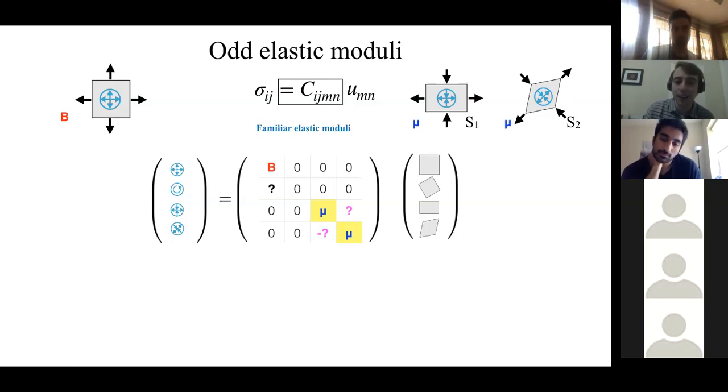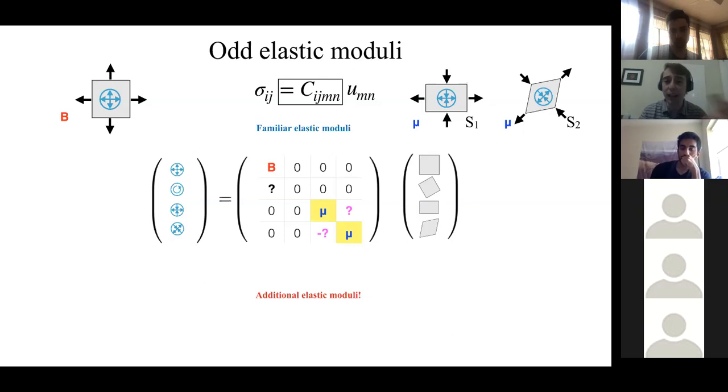But now there are these question marks that have something different, right? Notice that both the bulk and shear modulus respect the symmetry of this matrix, which corresponds to the symmetry of this elastic modulus tensor. And as a result, they can be there in a passive solid.